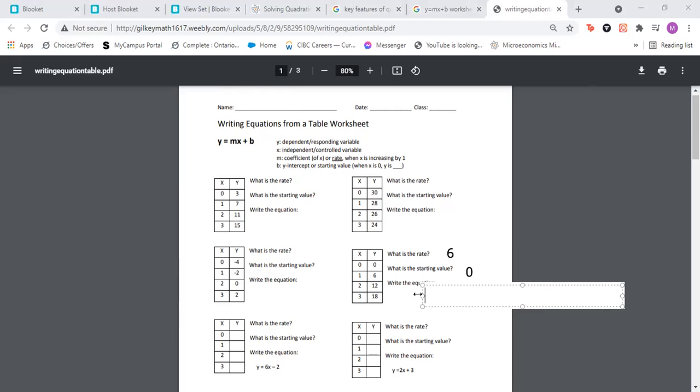It would be y equals 6x plus 0. Yeah, exactly. So then try to graph it. Let me know when you're done graphing it, and then I'll do it.